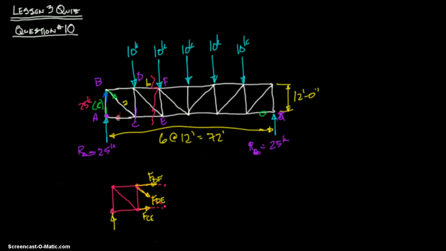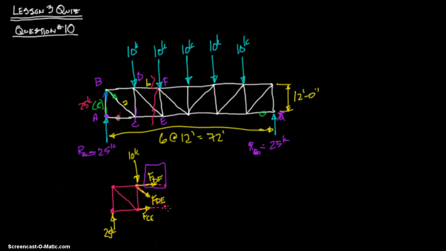We have a 25 kip external reaction. We also have this 10 kip external force right there. And we're looking for FDF, which is right here.